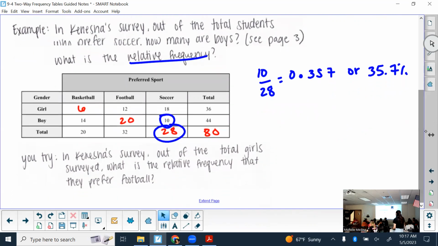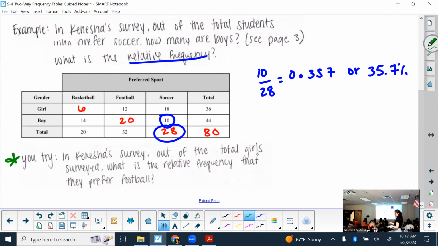So now you try quietly yourself, don't call it out. In that same survey, which is up here, out of the total girls surveyed, what's the relative frequency that they prefer football? Calculate that, put it on your paper. I'm going to pass out your practice while you do that. Table 2. So how many girls were surveyed? Table 2.